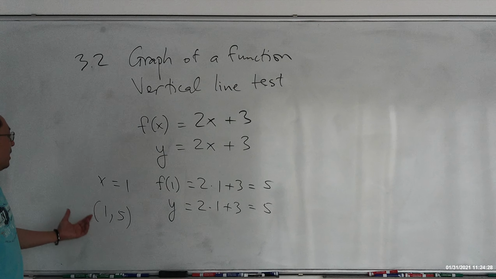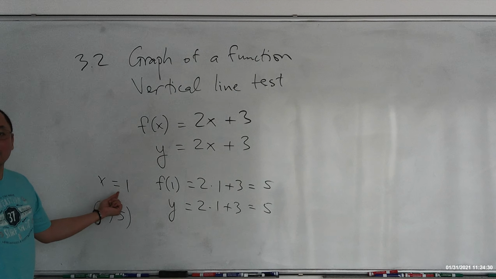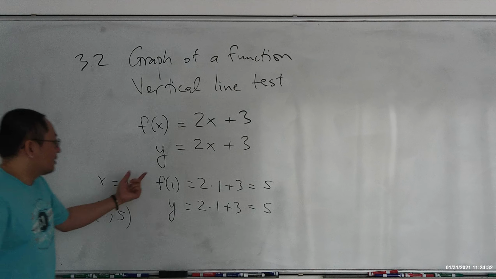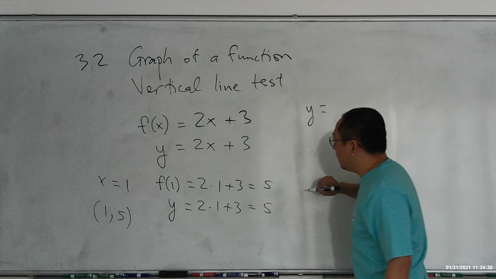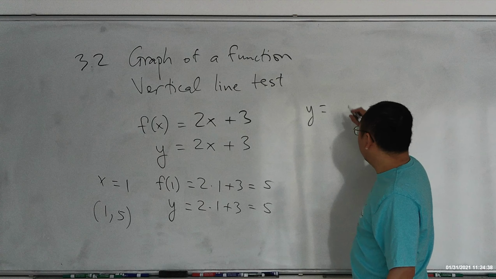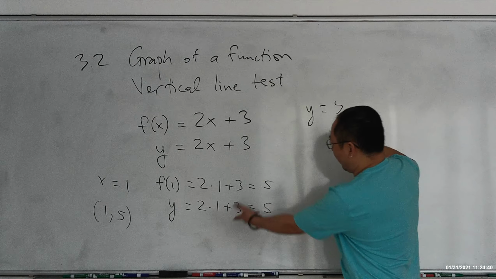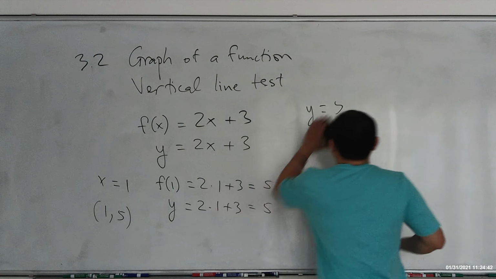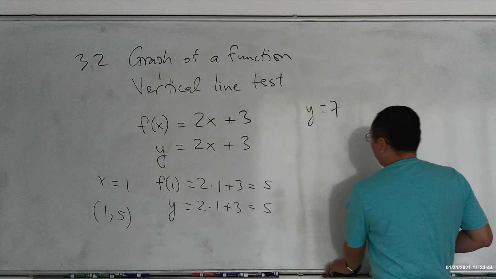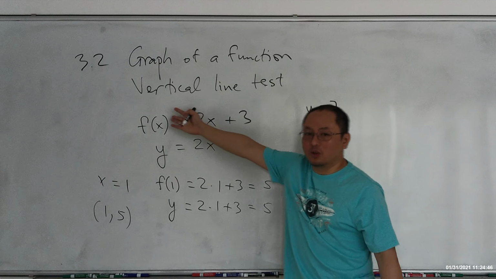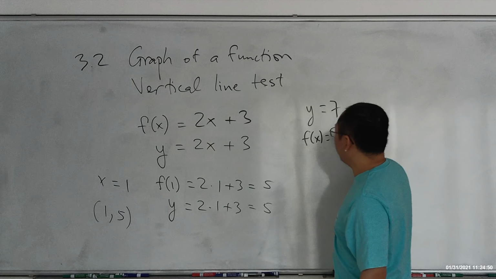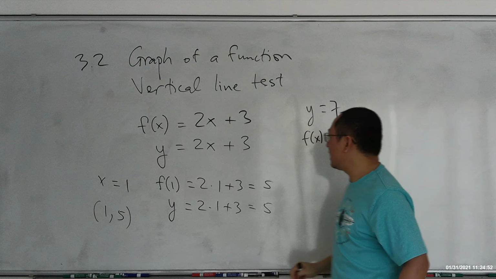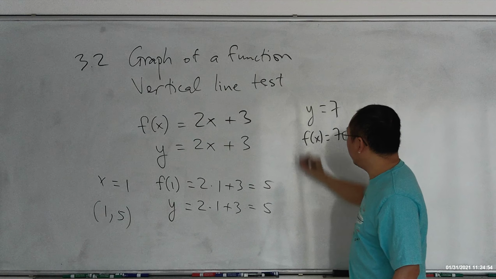Or maybe the other way around: they give you a y value and want you to calculate x. So say I give you y equals 7, or f of x equals 7. By the way, it's the same thing, because here y and f of x are actually the same. So how do you solve for x from here?